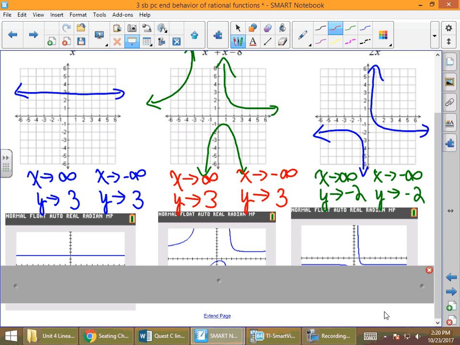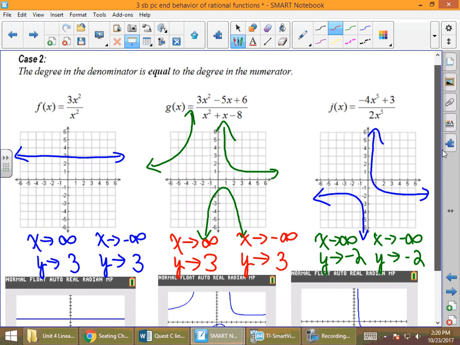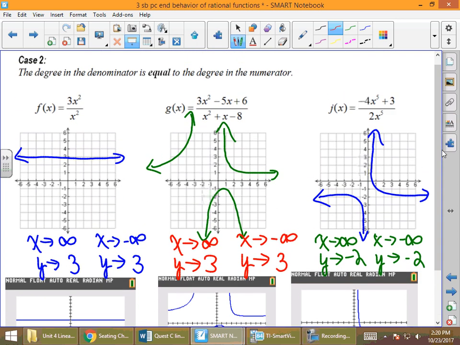But if we go back and look at this problem here, if you look at the equation, the first equation up here to the left, what y approached was 3, 3 divided by 1. And what y approached in our second graph is 3 divided by 1.